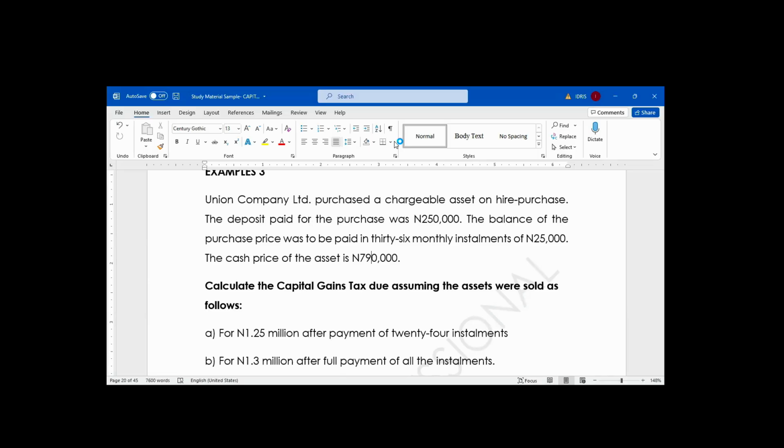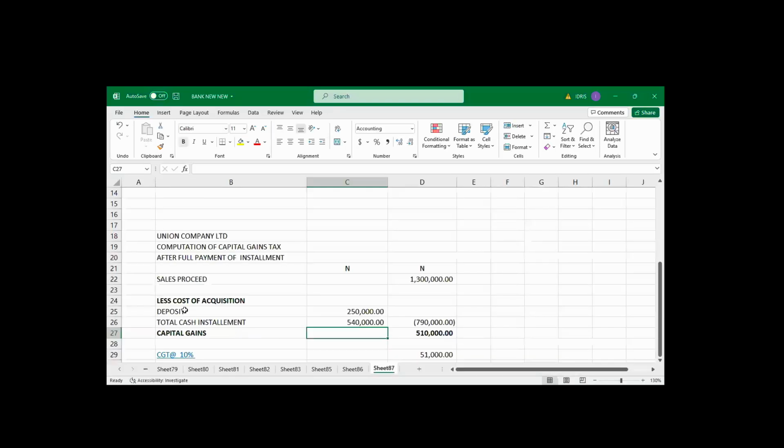Let's go to this example. You will see how we solve it. When we use this method, deposit plus total cash installment, what do we still arrive at? 790. This 790 represents what? The cost of acquisition for cash. It represents the cash price.